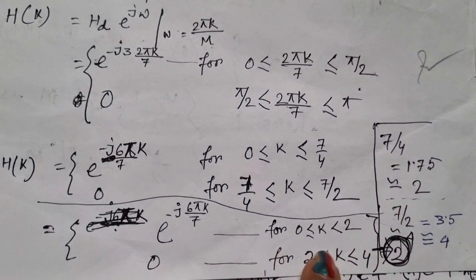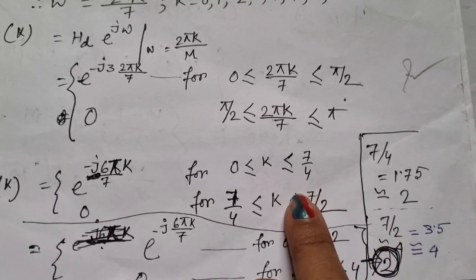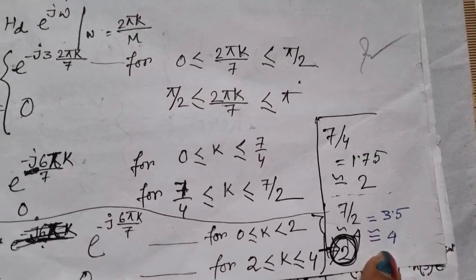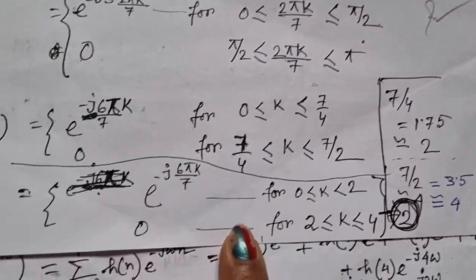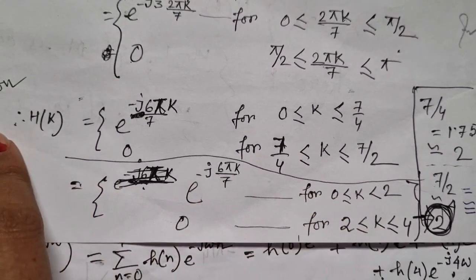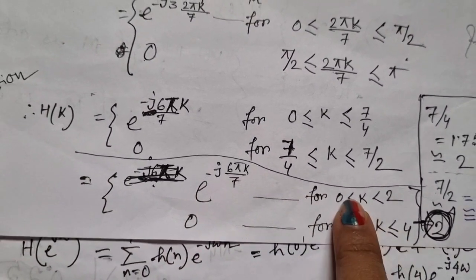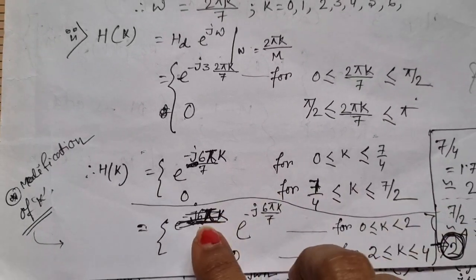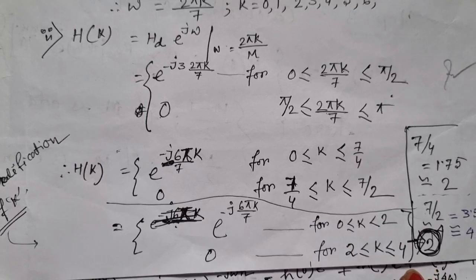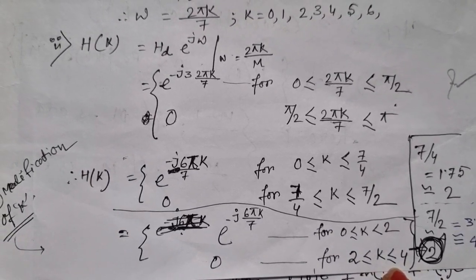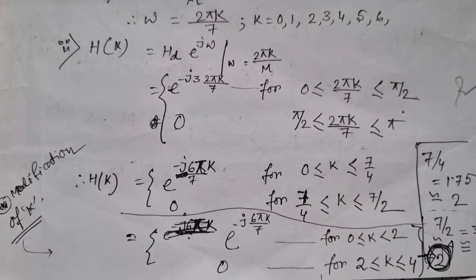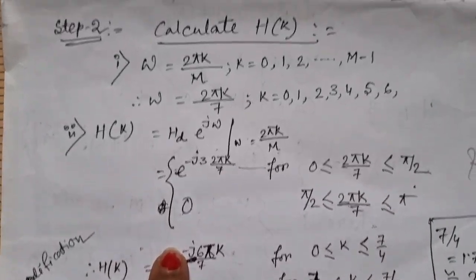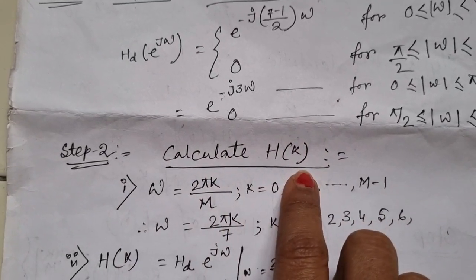That's why I am writing 2 here. 7 by 2 is 3.5, so nearly equal to 4. That's why we are getting h of k equal to this value for that limit, the range of k. And whenever k is 0, it will be the same limit. So just simplify and write. That is called modification of k, and in such a way we can calculate h of k.